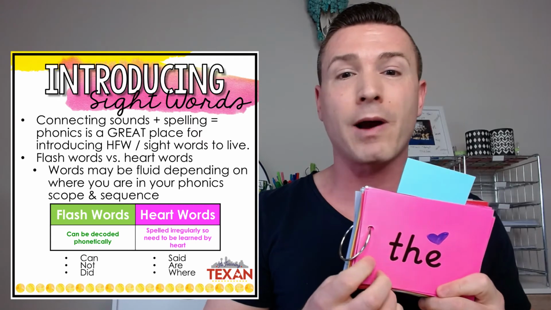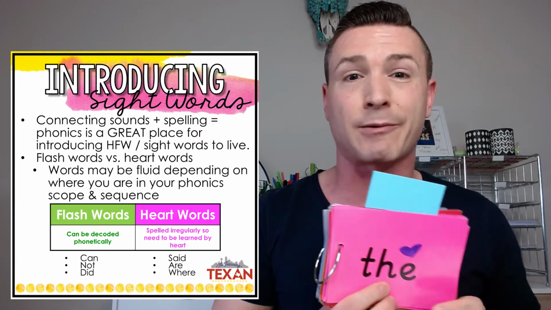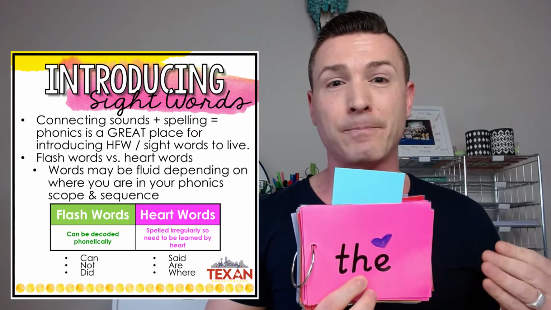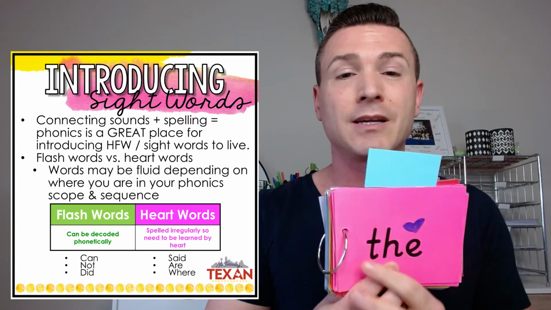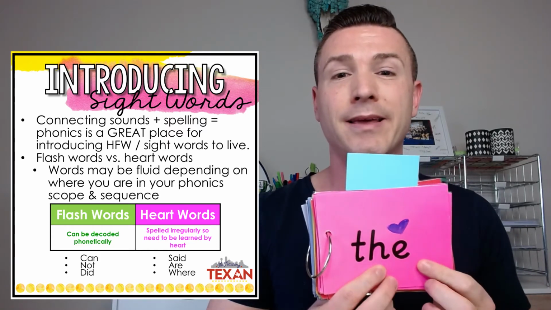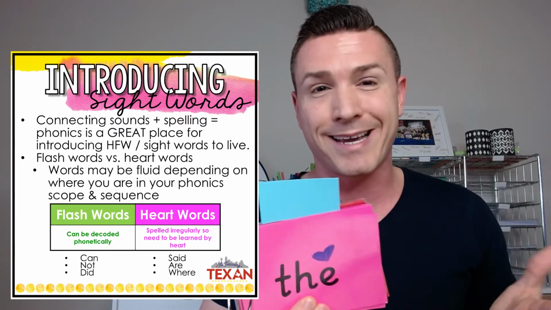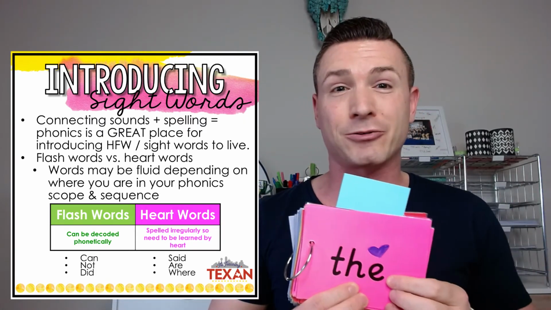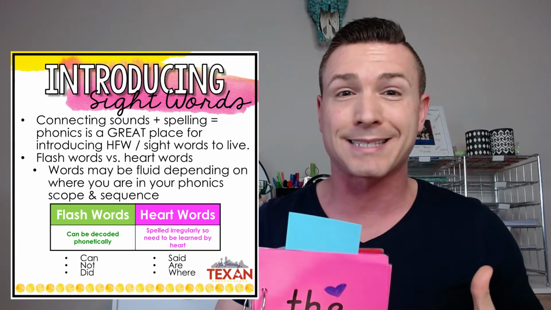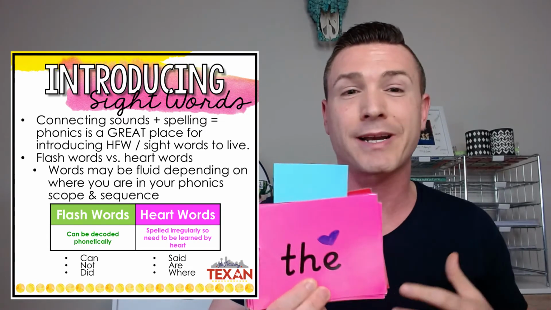But let's pretend we're at a point in our scope and sequence with phonics that we've already taught that pattern, so the students know this. They're going to be able to get that, but the E making an "uh" sound, there's still no other pattern in the word that's making it say that sound.